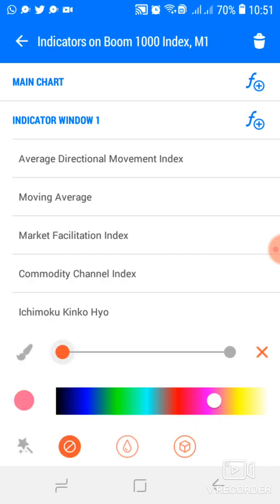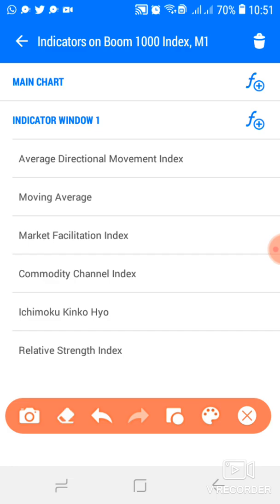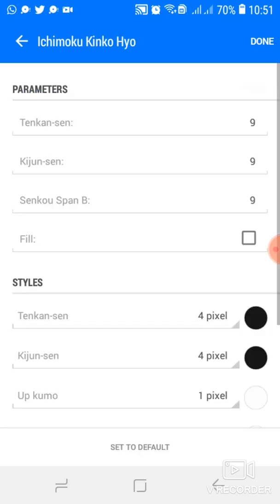Here are the things that you're going to need: the Ichimoku and the relative strength index. Okay, let's begin with the Ichimoku.